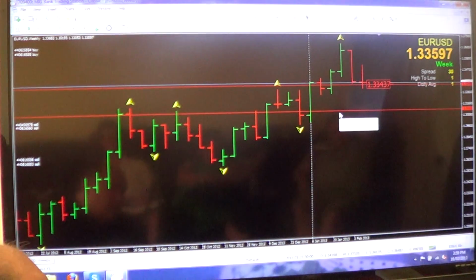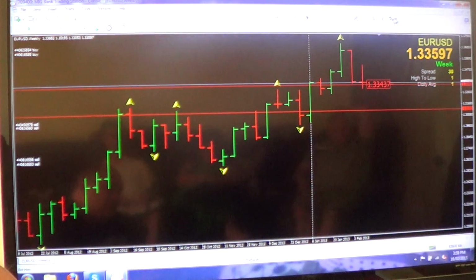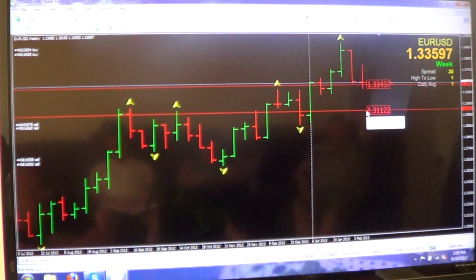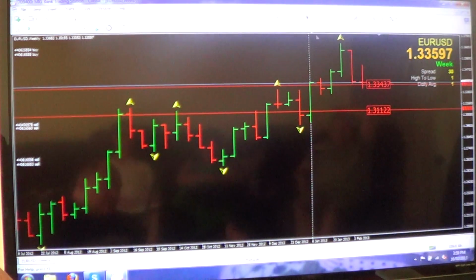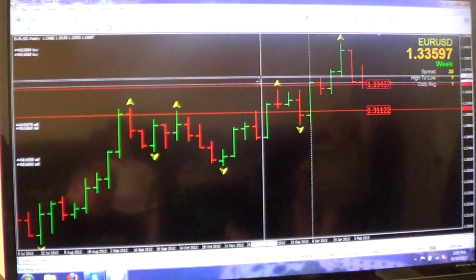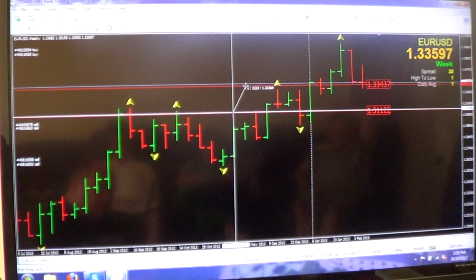Now, that gives us our target for our pending orders. How many pips is that? That is currently 241 pips, correct? Yes.